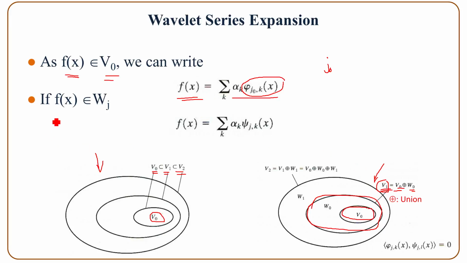Then if a function f of x belongs to Wj, maybe W0, W1, etc., then the function can be expressed in terms of the wavelet functions in that space at level j.